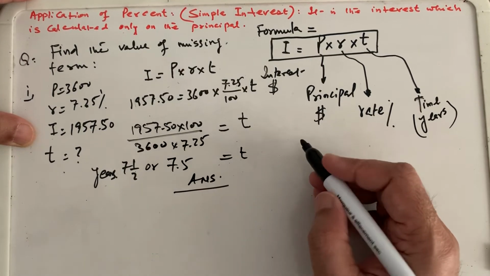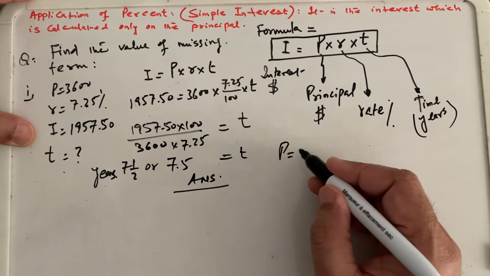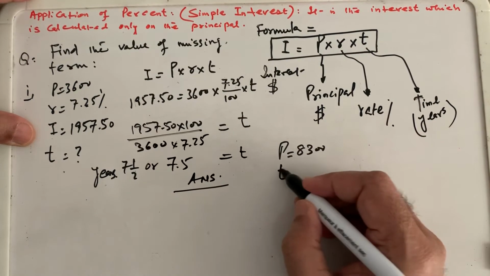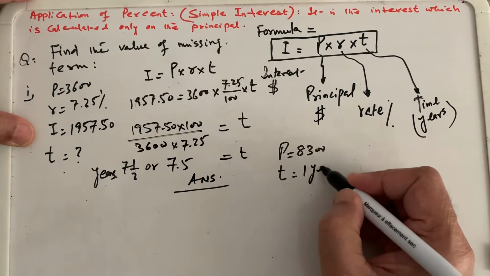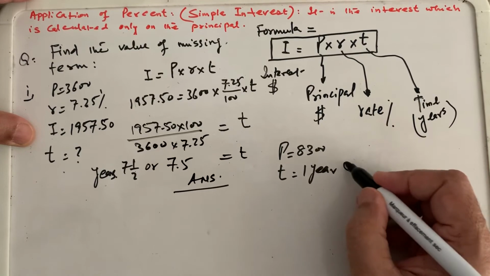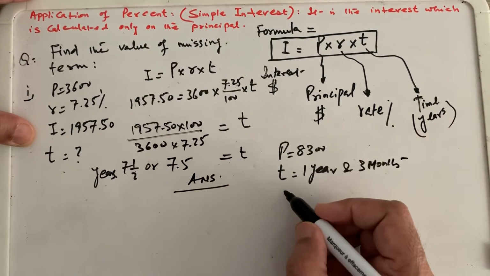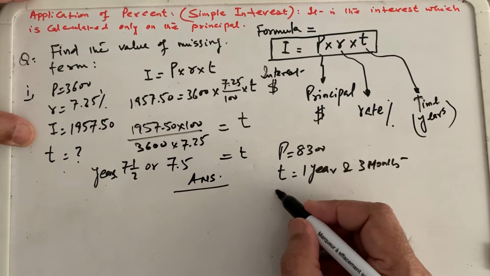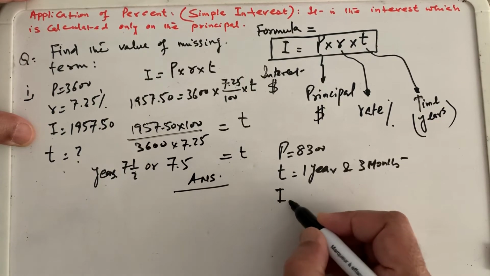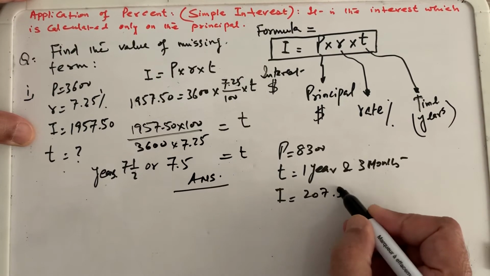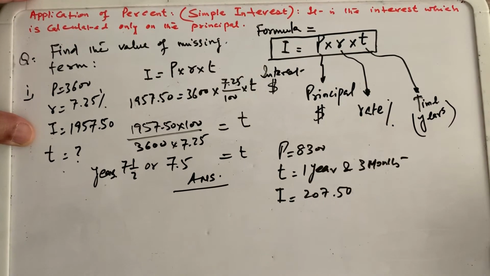Now we do another question, which is P is equal to 8,300 and T is given as 1 year and 3 months. We did already what 1 year and 3 months means, right? And I is given, which is 207.50, right?